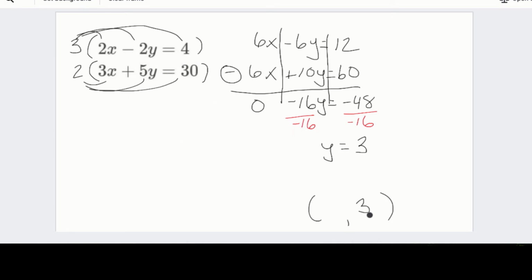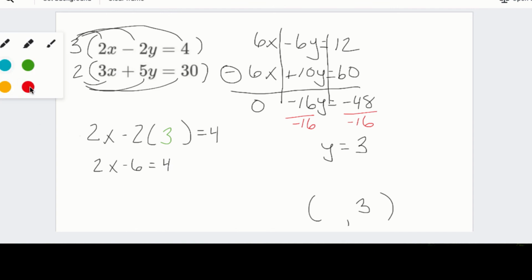So now we know that y is 3. We have 4 possible equations to plug it into. I'm just going to use the first one. So I know that 2x minus 2 times my y number equals 4. And I know that my y number is 3. Which means I have 2x minus 6 equals 4.